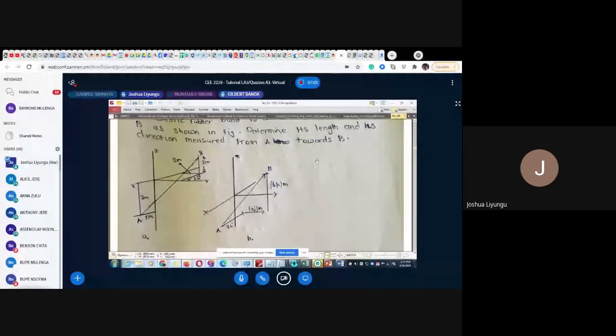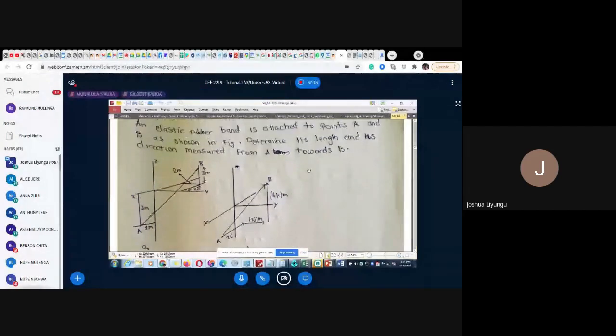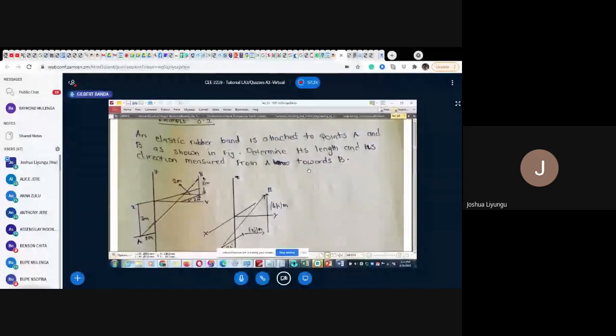Sorry, the slide doesn't change. There's still the previous question. Which platform are you using? Big Blue Button. Then these guys using Google Meet, can you see the question?